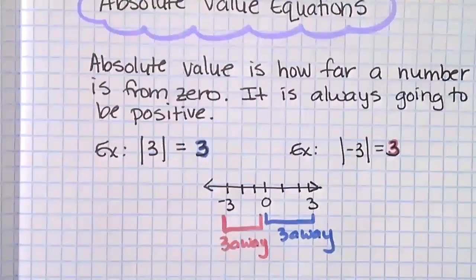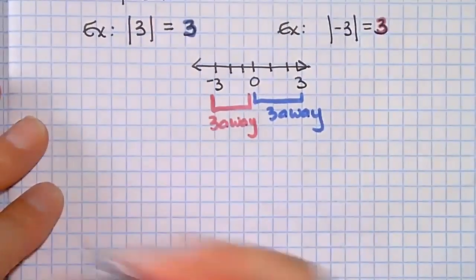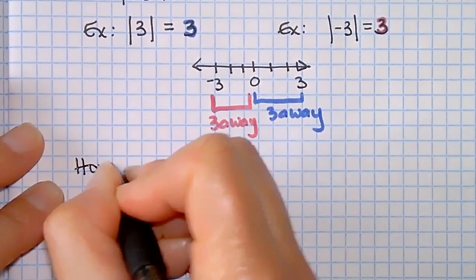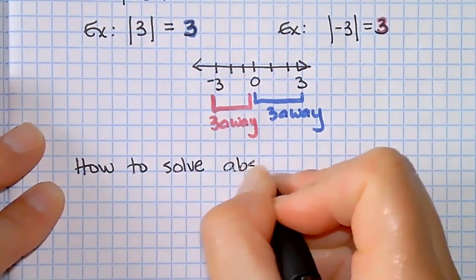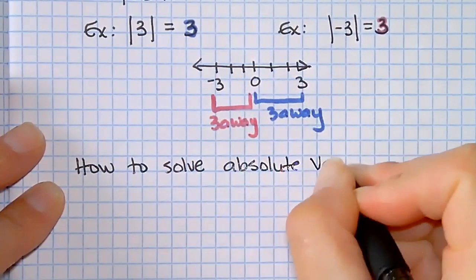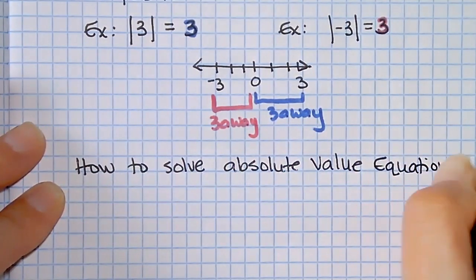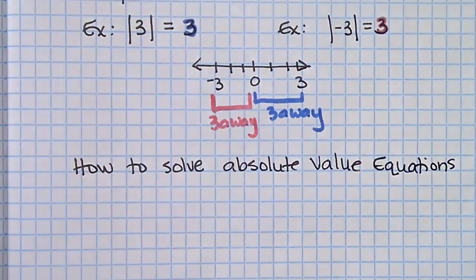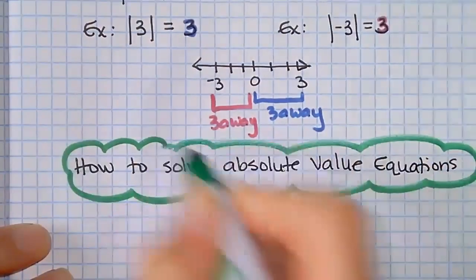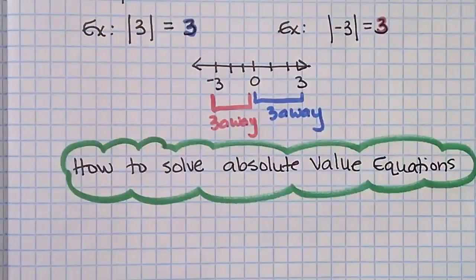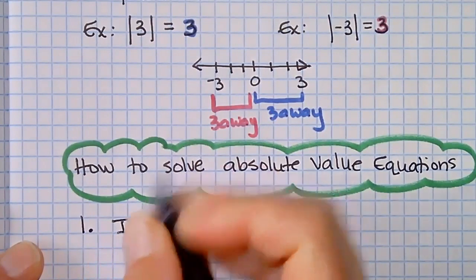Okay, so now let's try solving. In order to solve, these are the steps I would take. How to solve absolute value equations. First step, isolate the absolute value.